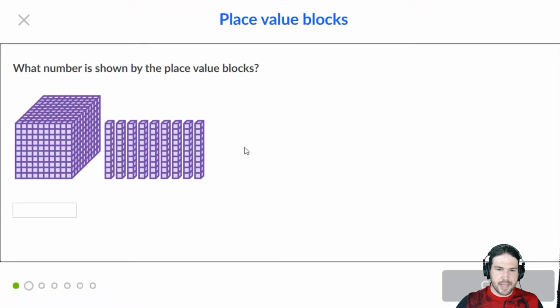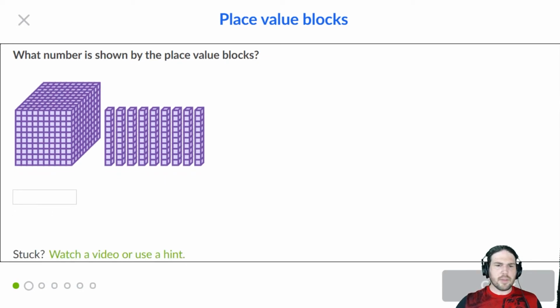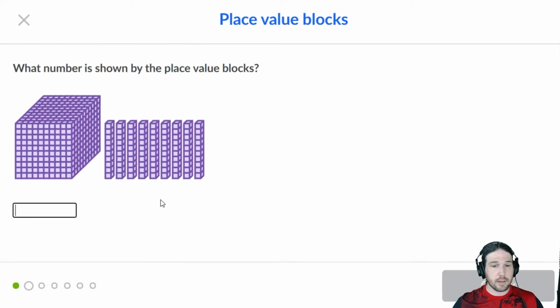So what number is this? And this is important because it is necessary for students to be able to look at that arrangement of tiles and recognize that there are some types of tiles that are missing, right? There is clearly a 1,000 in there. And I see 1, 2, 3, 4, 5, 6, 7, 8, 9 of those 10 blocks, but we need to know where is the absence?